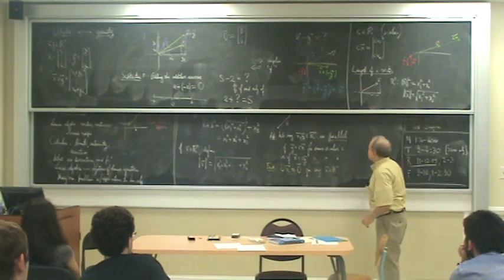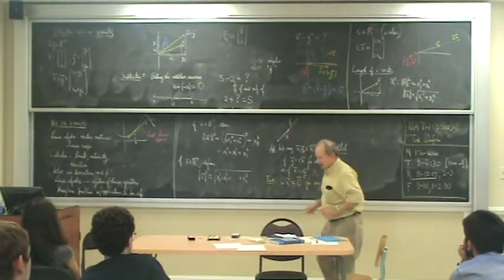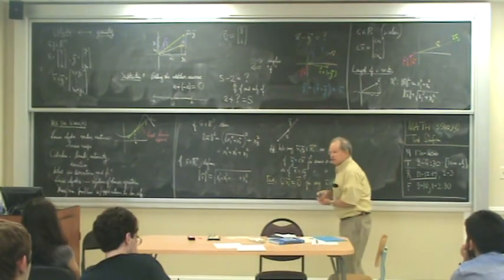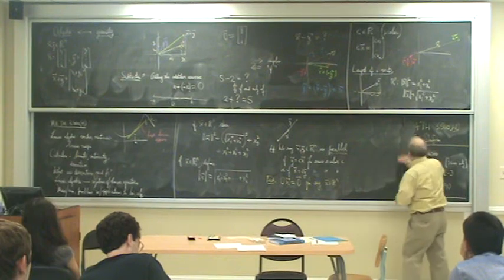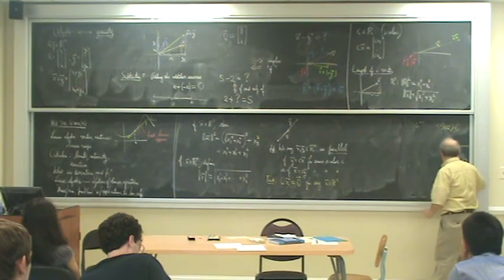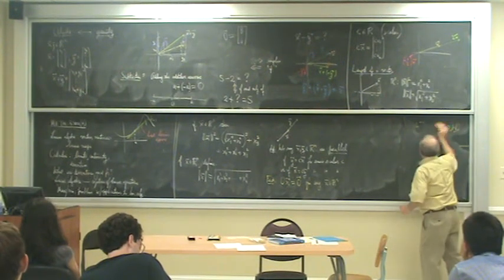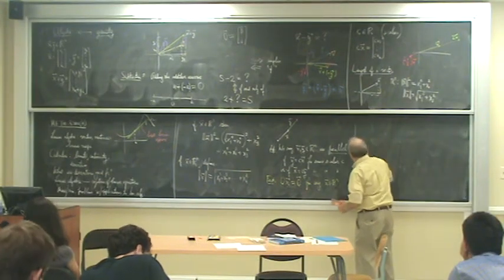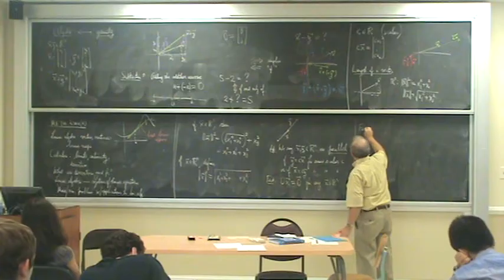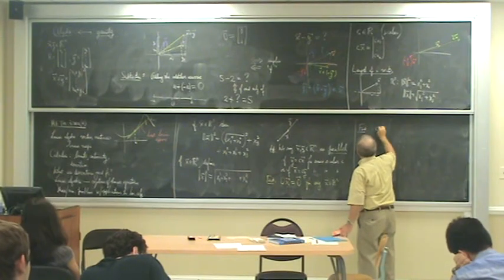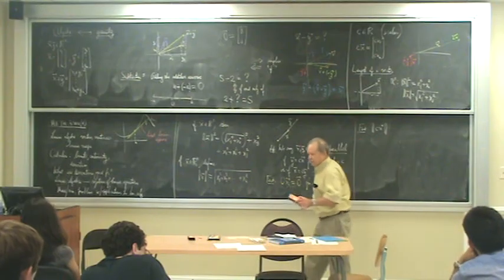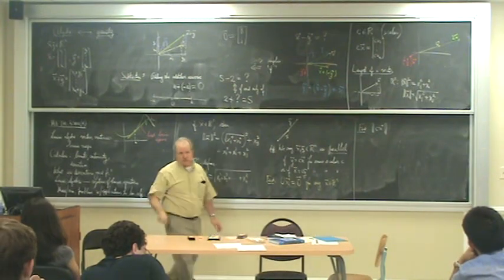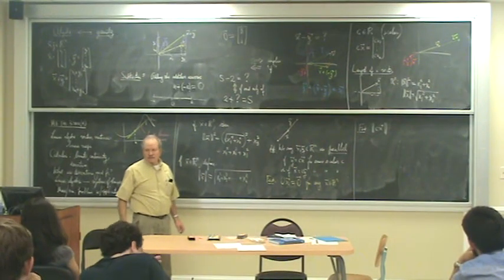Well, a convenient thing to do is to take a vector and scale it so that it has length 1. Of course, if you started with 0, you couldn't do that. But here's a fact that is useful. If you take a scalar times x, what's the length of that? The scalar times the magnitude of x.